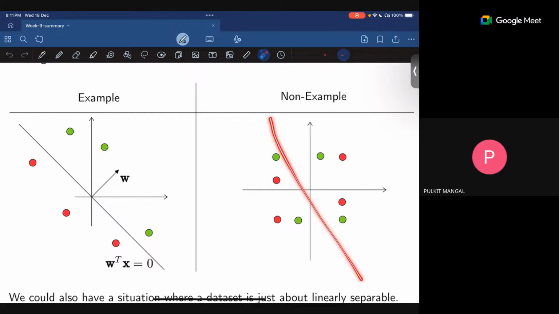You cannot draw any line which perfectly separates both classes; you can try any line, it will not. While the left-hand side is an example of a linearly separable dataset.